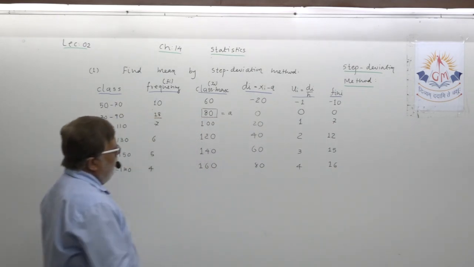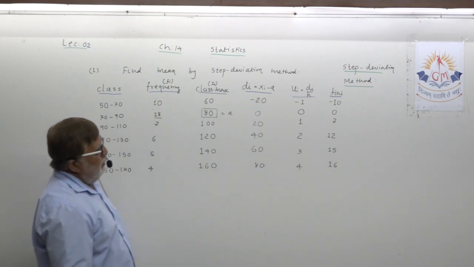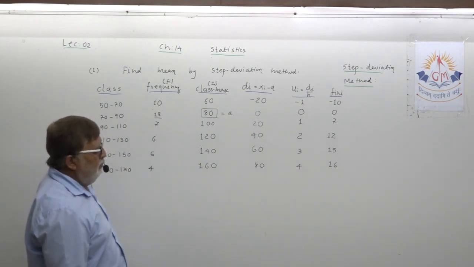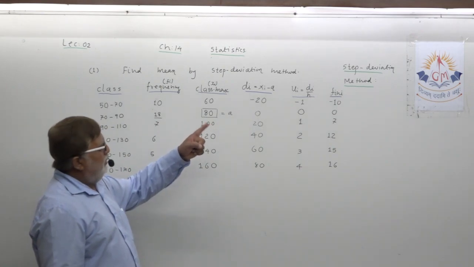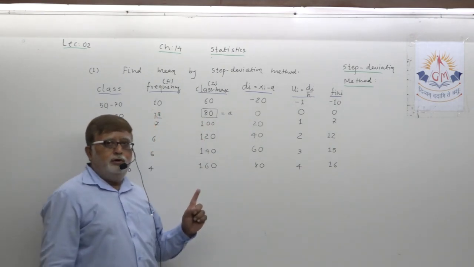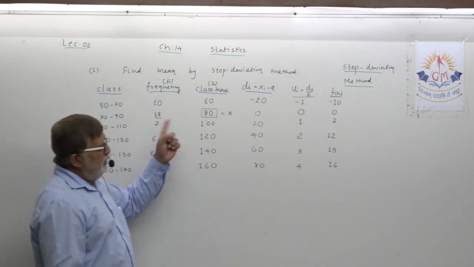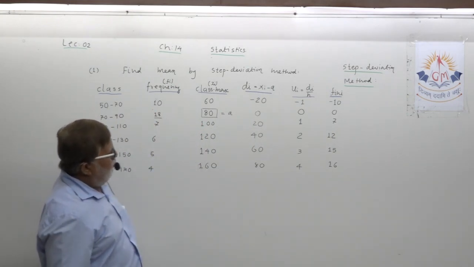Sigma. Now we have found fi ui. Please concentrate. For finding fi ui, you will multiply the values in the second column and the fifth column.